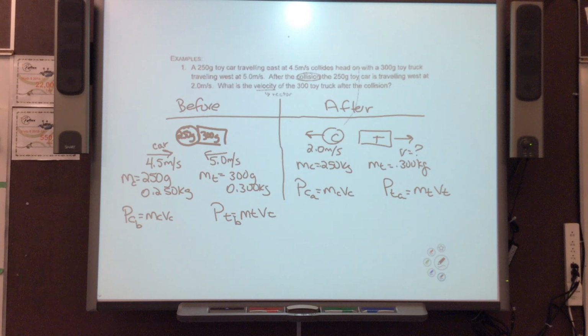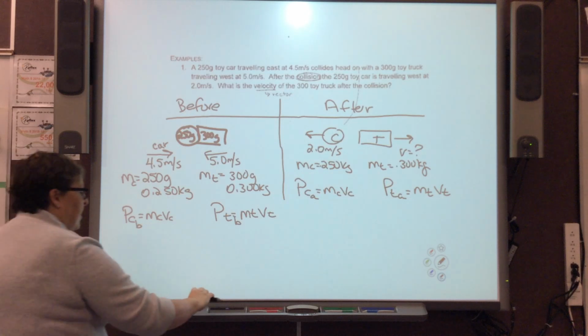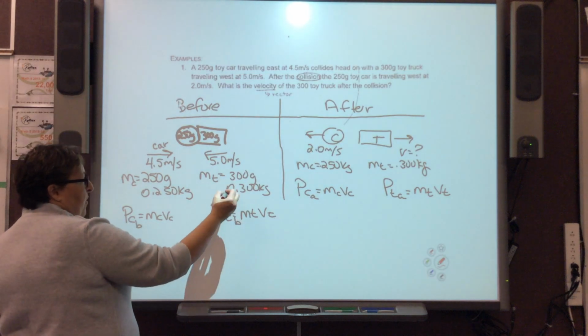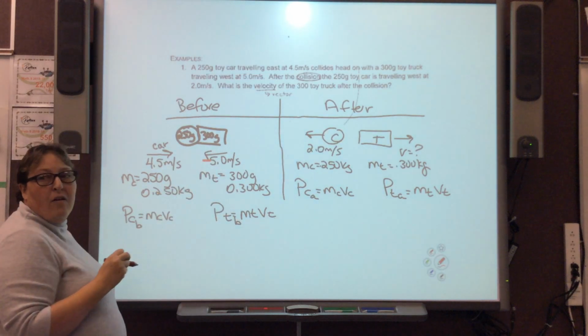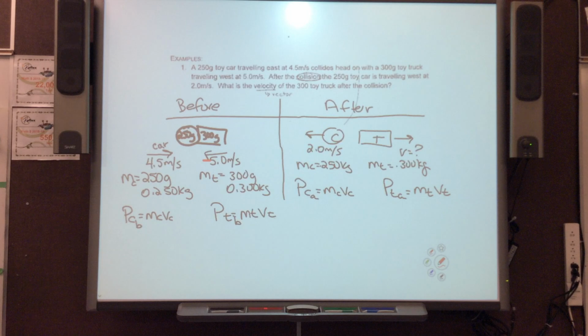A symbol. Negative. A negative shows the opposite direction. I was looking for a symbol. 180 degrees from where we started. Yes, correct.